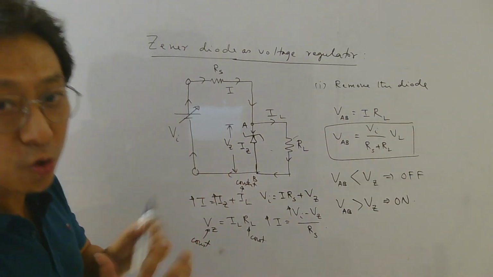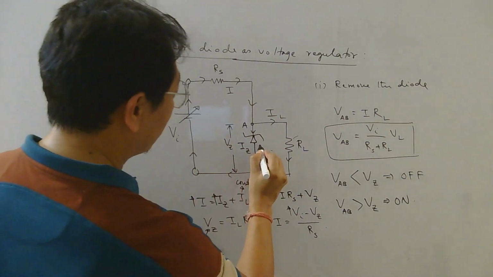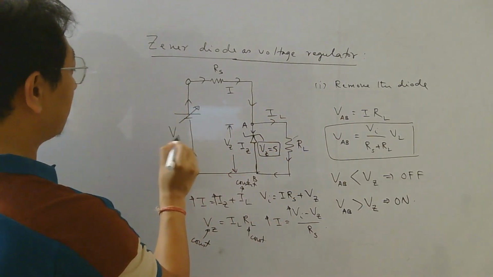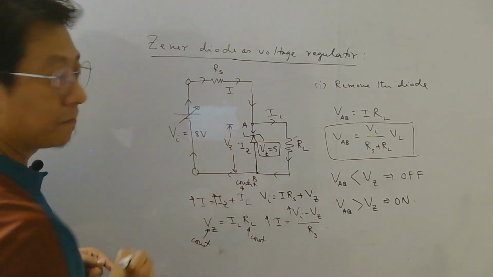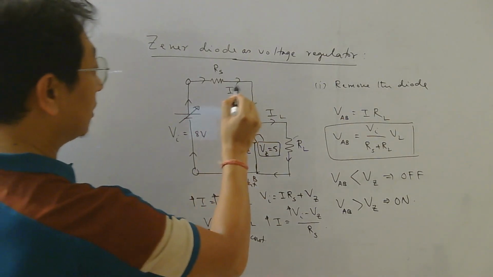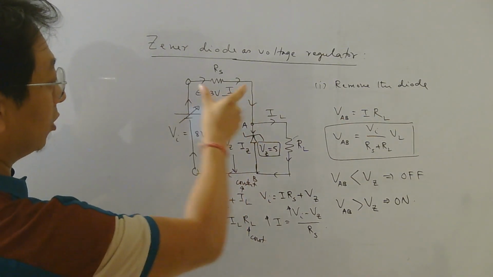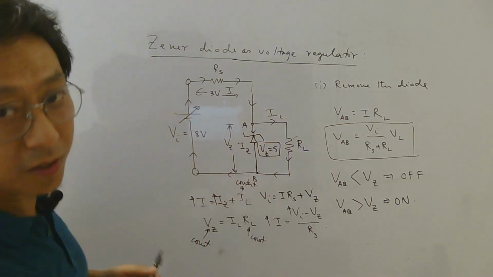So let me give you a numerical example. Let's say the voltage here should be 5 volt, but I applied 8 volt. Then the voltage here must be 3 volt, because 3 volt plus 5 volt is 8 volt.